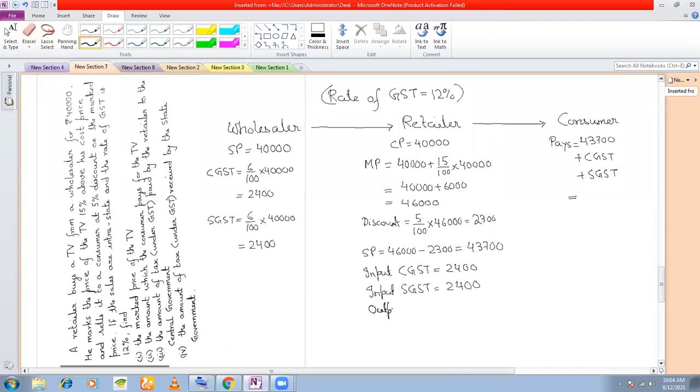Output CGST is 6% of the selling price of the retailer. The selling price of the retailer here is 43,700. This will come to 2,622.